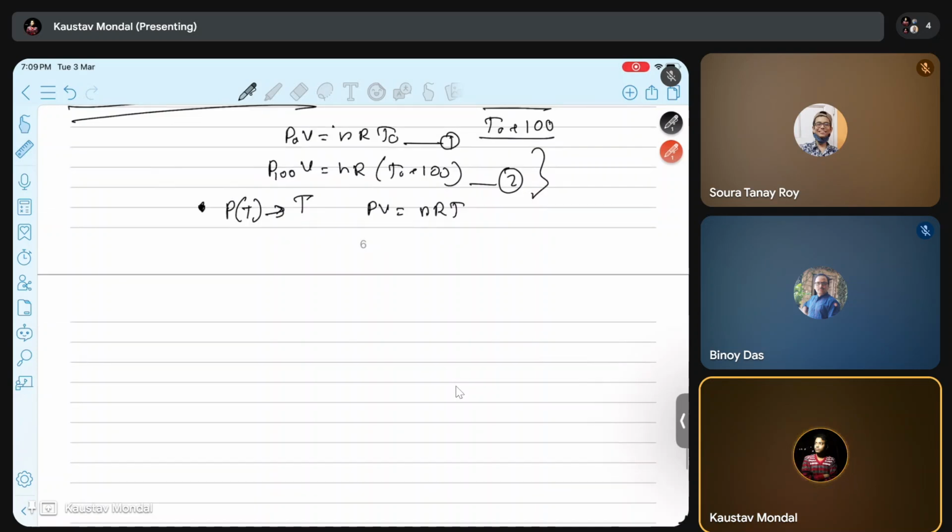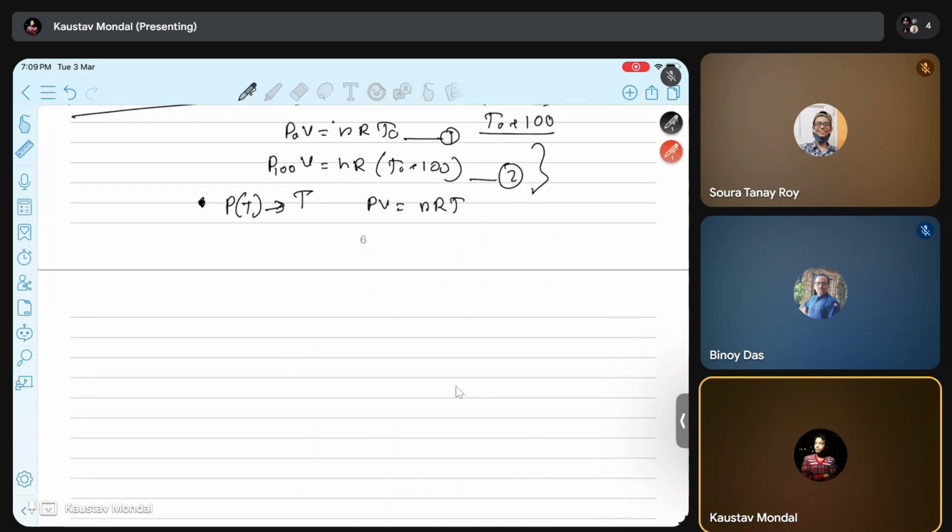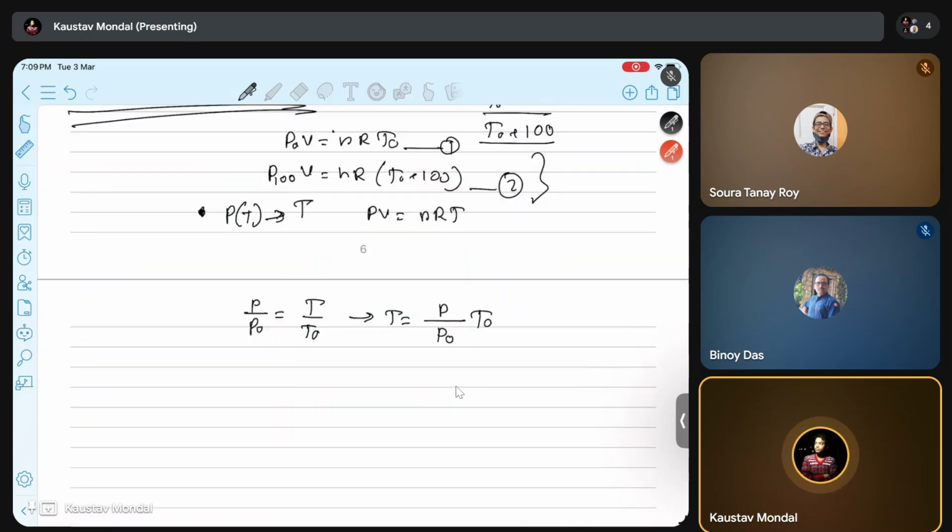If you do that with 1 and 2, it will give you P by P0 = T by T0. Now from here T would be P by P0 into T0. Also from 1 and 2, if you make a ratio, then from there you can write 1 by T0 = (P100 minus P0) by (100 into P0).